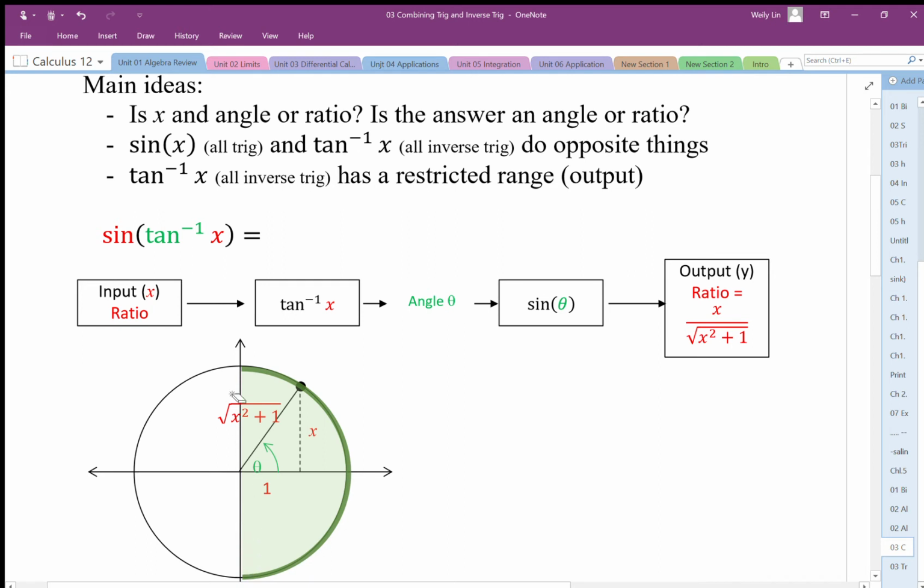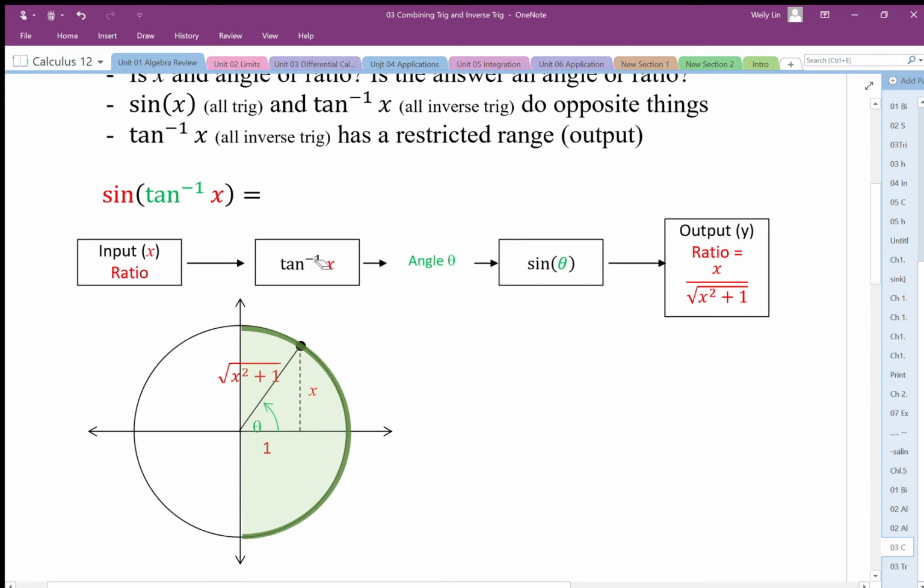So the inverse tan has a restricted output from negative pi over 2 to pi over 2. So we can't have the theta 1, theta 2 case anymore, especially with the inverse tan. If we have tan theta equals, and we use inverse tan to find one angle, then the tan function is defined on both sides.